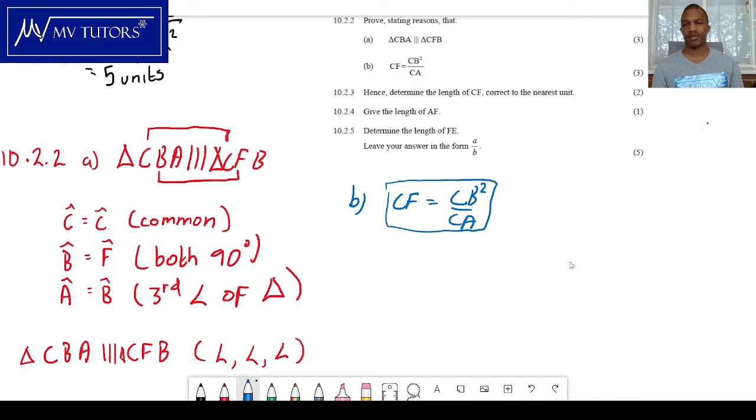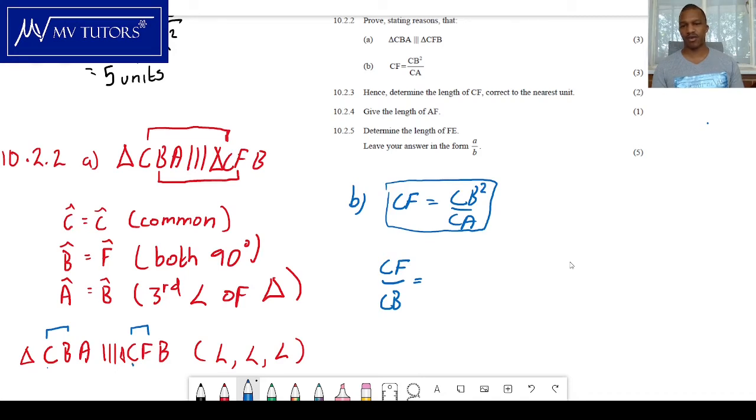If we start with CF, we can say CF divided by the small one's counterpart, CB, is equal to, since the question has CA, CF over CB, that was small over big, so we have to be consistent.